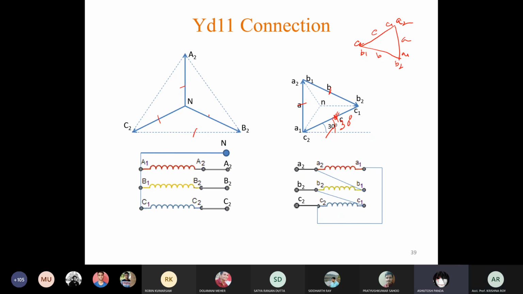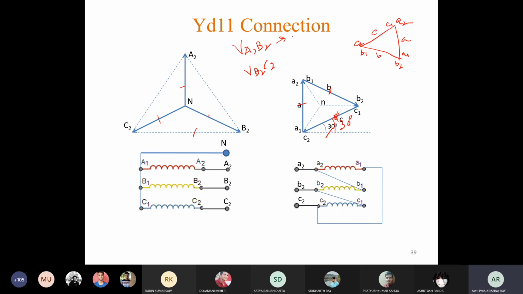Sir, why does the phasor here go from B2 to C2, not from C2 to B2? While denoting the line EMFs, we normally follow this notation: VA2B2, VB2C2.